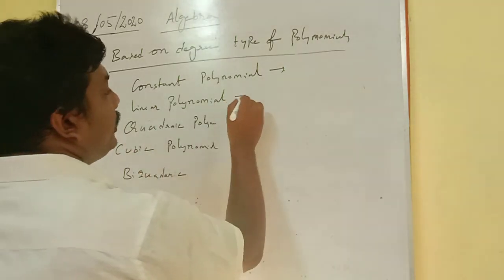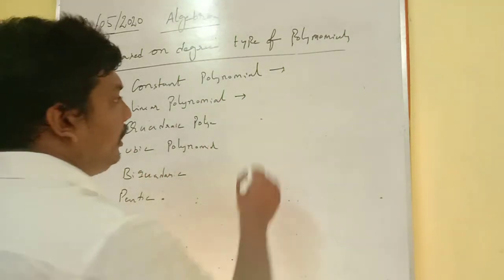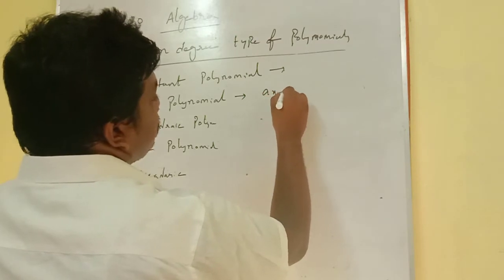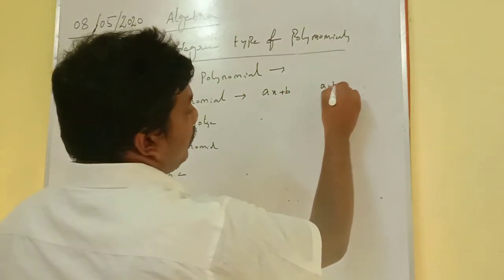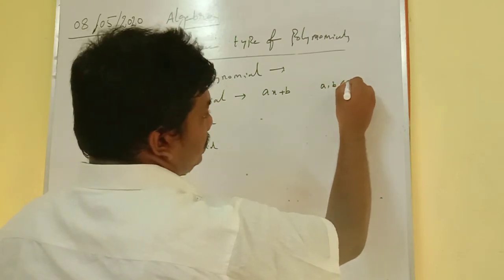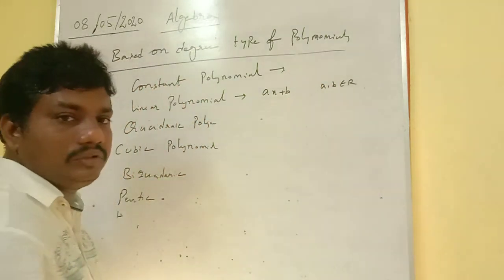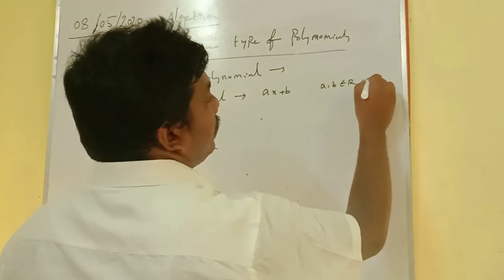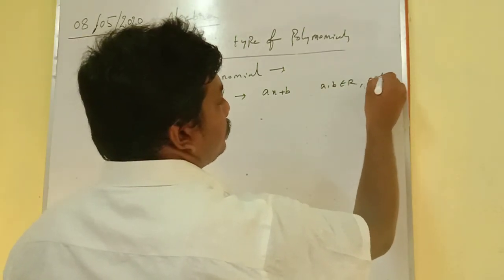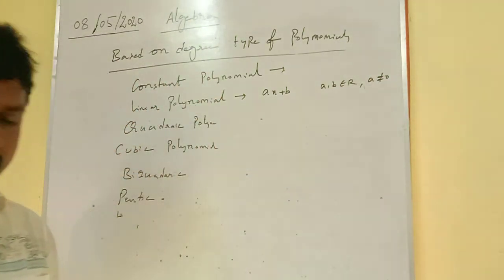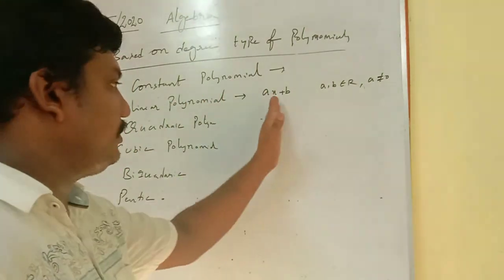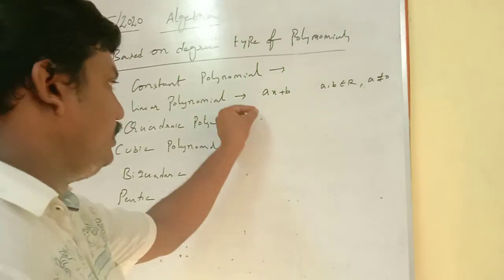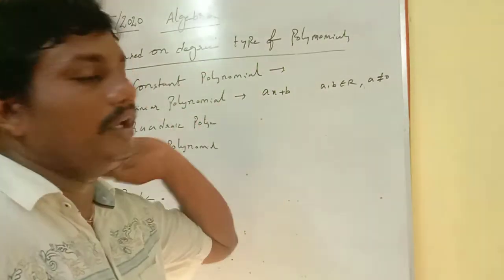Next, coming to the linear polynomial: what is a linear polynomial? ax plus b, where a, b belong to real numbers and a is not equal to 0. That is called a linear polynomial, with one constant term and one variable term.